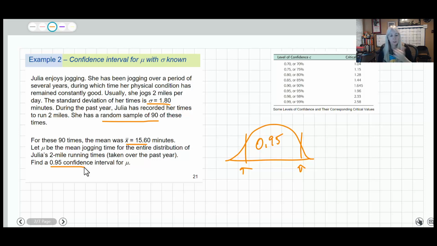And so to do this, writing everything down that is given to me, I see my N is 90. My sample size is 90. And then I see my standard deviation is 1.80.